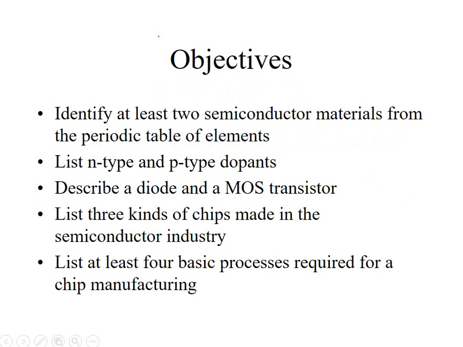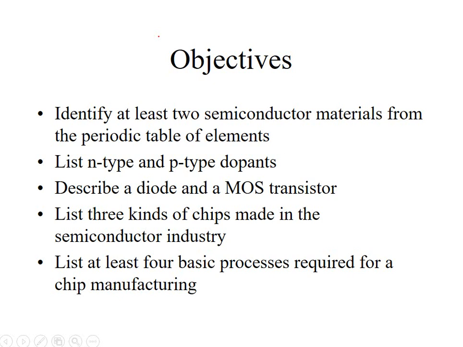The objectives of this chapter will be the following. First, to identify at least two semiconductor materials from the periodic table of elements. Next, to list so-called N-type and P-type dopants.